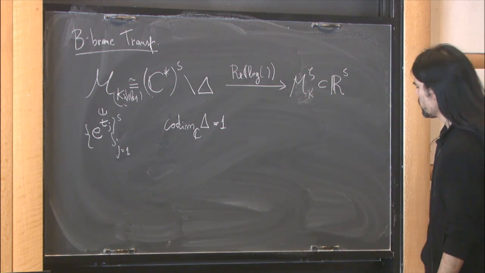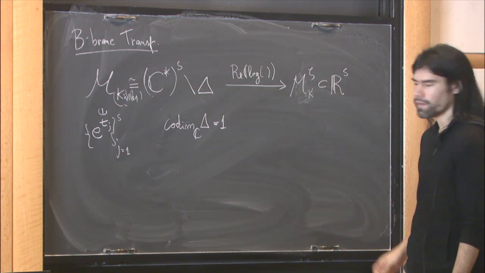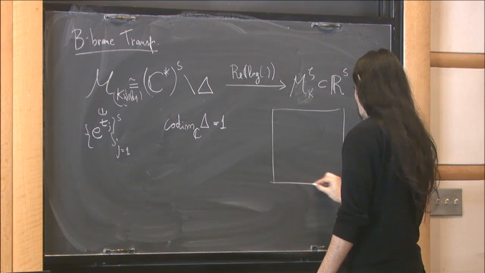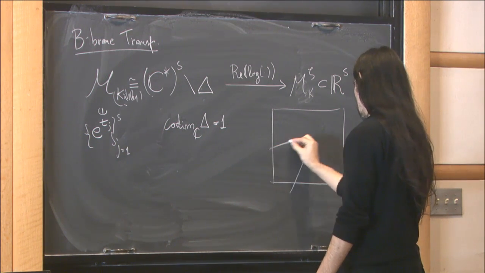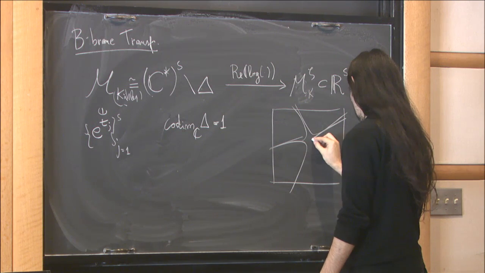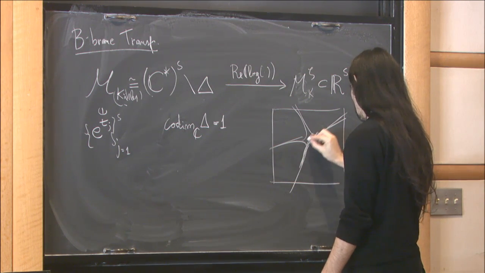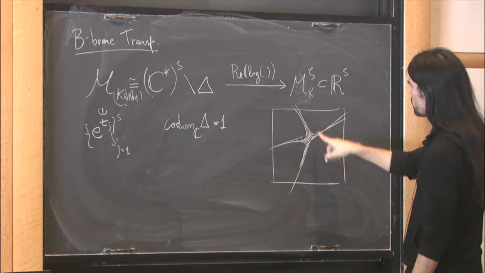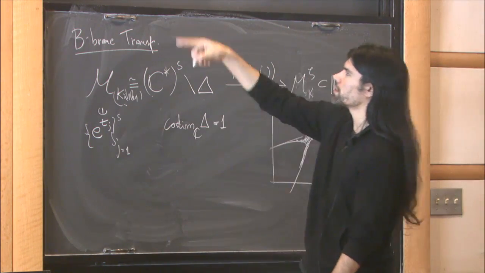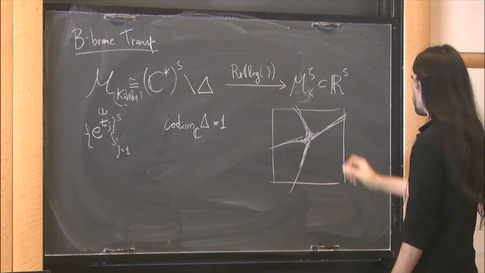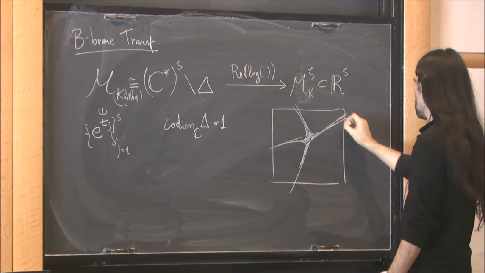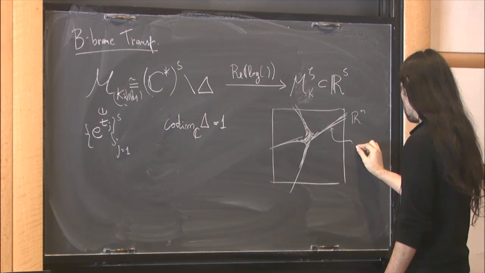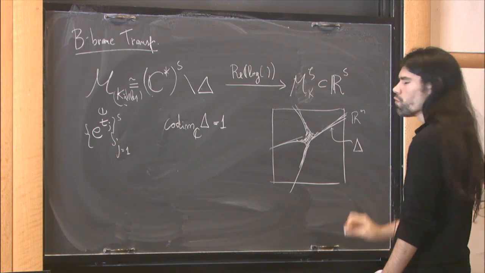In general, this will look roughly like this, for example. This is R^s, the space spanned by these zeta parameters that I use, and this kind of amoeba here is delta, the removed points.